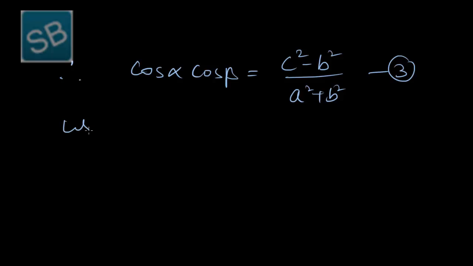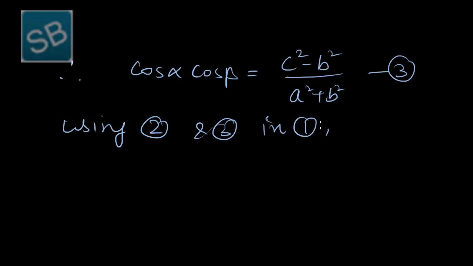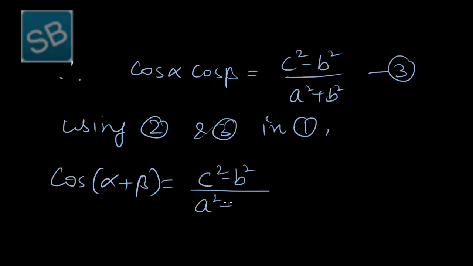So using 2 and 3 in number 1, we get cos alpha plus beta is equal to c square minus b square over a square plus b square minus c square minus a square over a square plus b square.